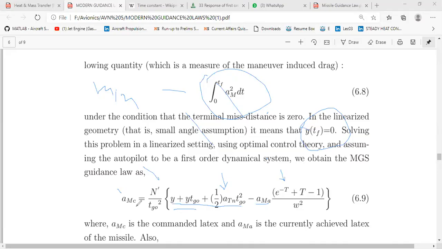It is clear how we get this equation from your proportional navigation and APN. We are adding the time delay using optimal control theory. This is derived from optimal control theory, and we subtracted from APN to get the required latex command for the modern guidance scheme. This is clear?